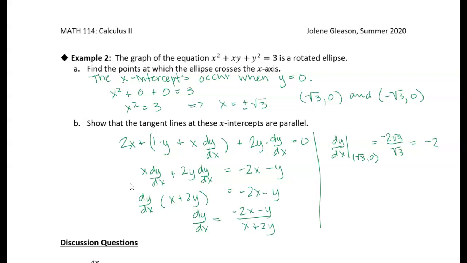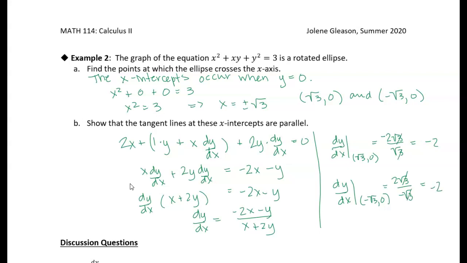And then let's look at the derivative at the other point. So we have dy dx. We want to find the slope of the function at minus square root 3 comma 0. All right, so I'm just going to again put the values in. In this case, I'm going to get minus 2 times minus square root 3, over minus square root 3. And again, my square root 3's will cancel, just like they did up here, and I get minus 2.